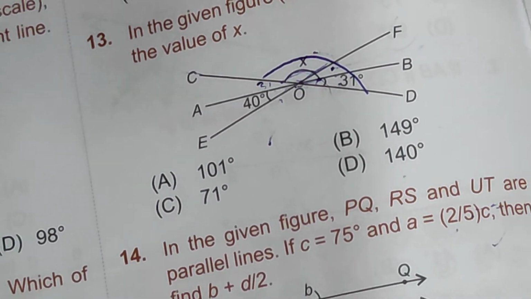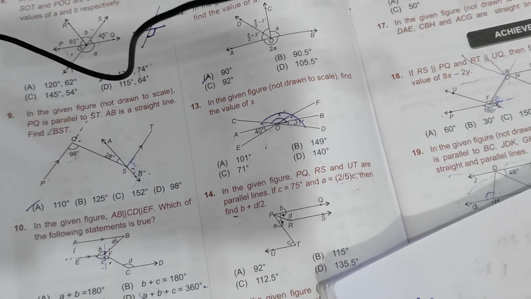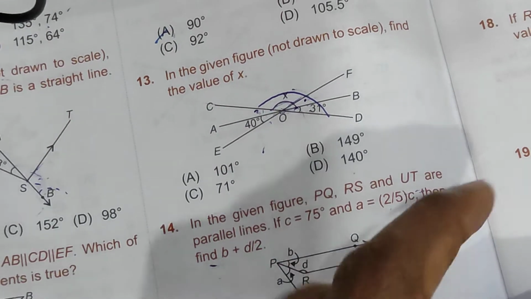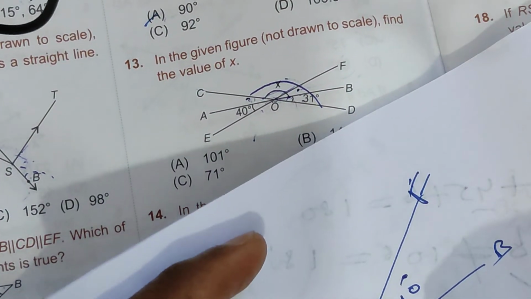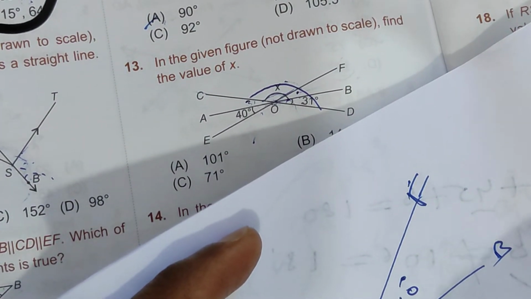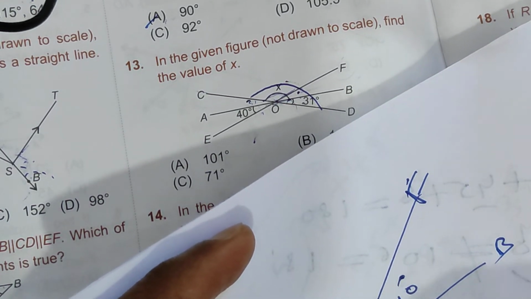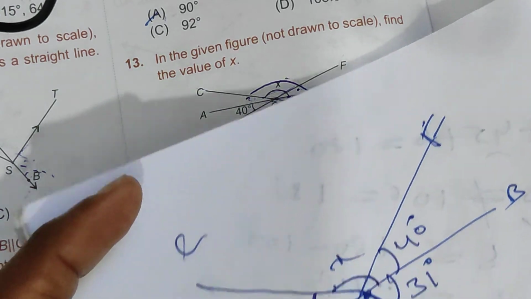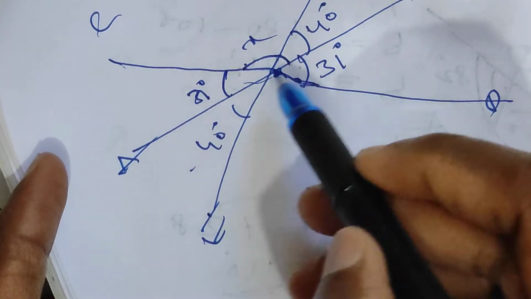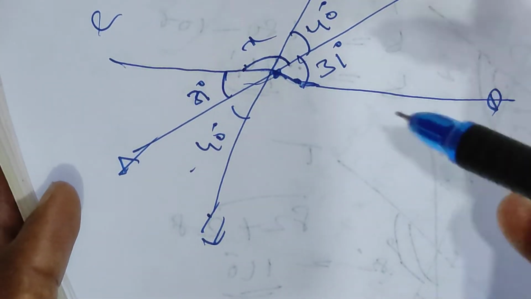That is 31 degrees. So if this is 31, this angle must be 31. Getting my point?